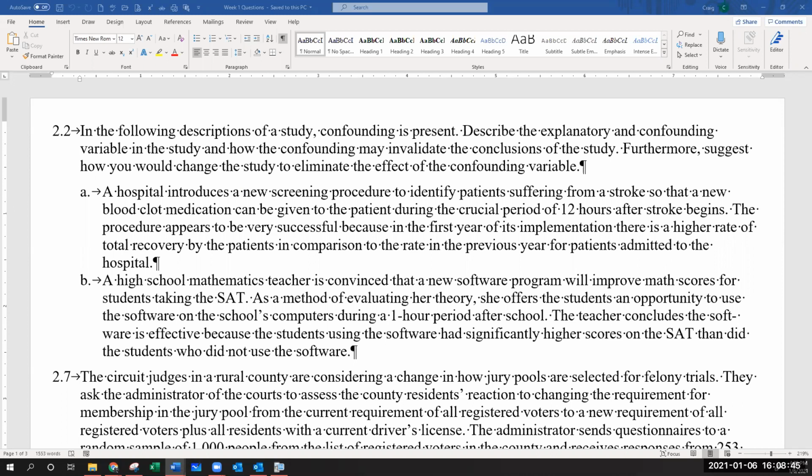Can you be more specific? It is kind of the treatment, but we'd probably be more specific to say the explanatory variable is just the new blood clot medication. Oh, okay. I see what you're saying. I was like, it's the medication that they're using. Yeah, because that can be construed that some other medication was being used. Right. Okay, I understand.